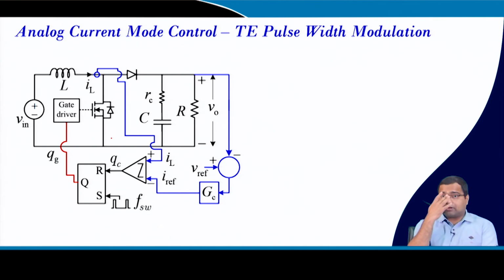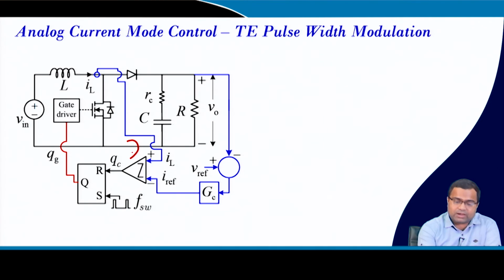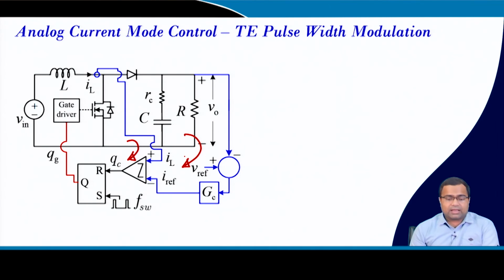If we go to analog current mode control, we have two loop control. One is the current loop and the other is the voltage loop, right? We know the voltage loop can be sampled once per cycle, but the current loop cannot be like that, because the current ripples are quite large.